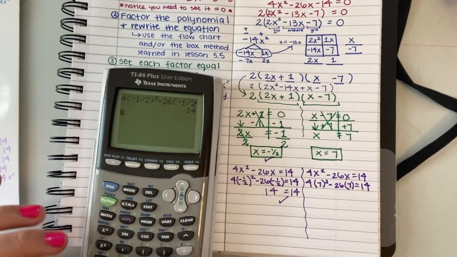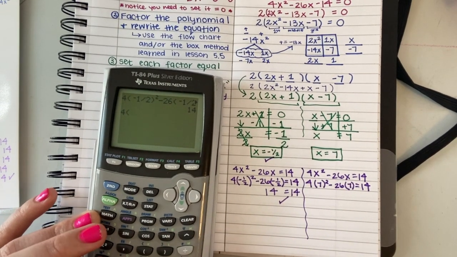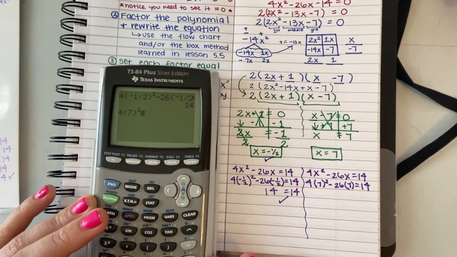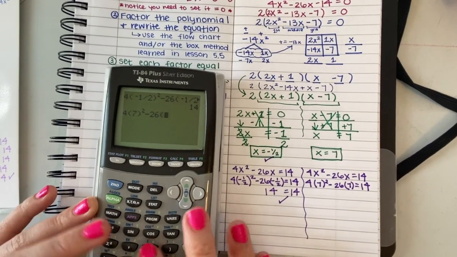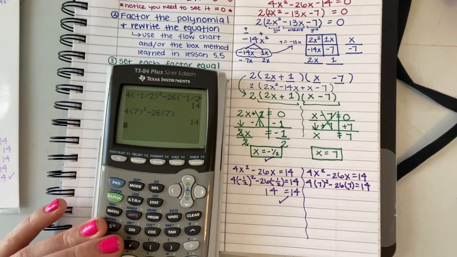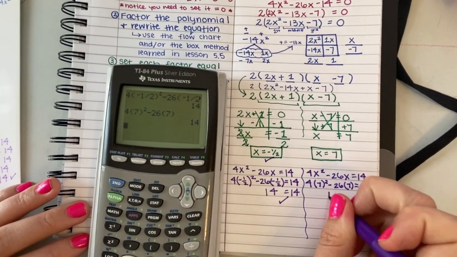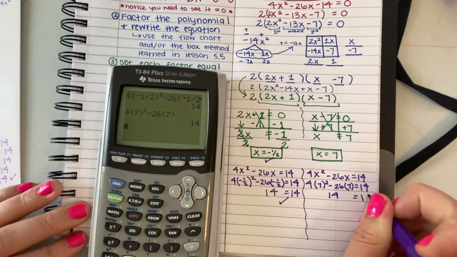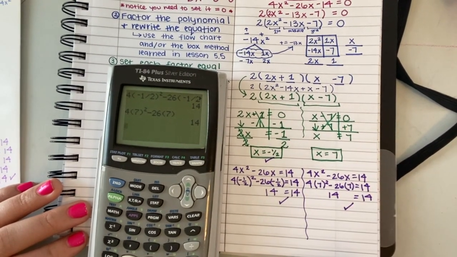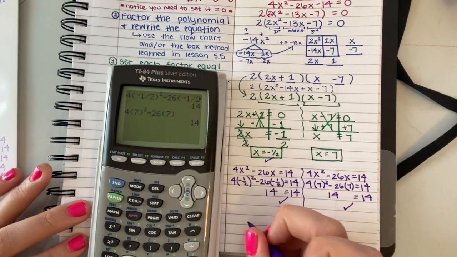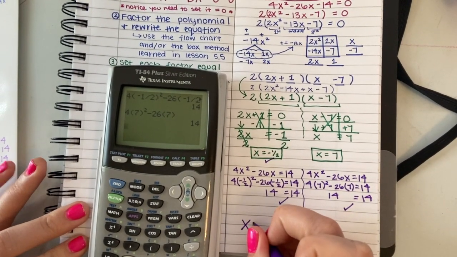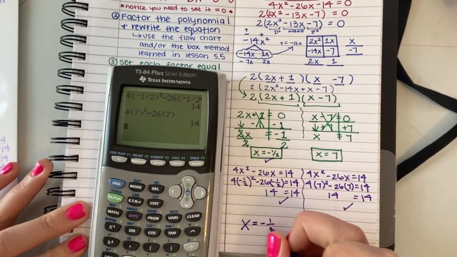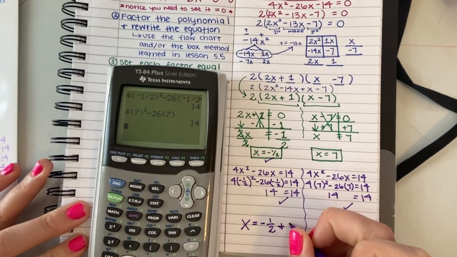And then the other one, 4, plugging in 7 squared minus 26 times 7 equals 14. So I've checked my work. And I know these 2 factors are my answers. So x equals negative 1/2 and 7.